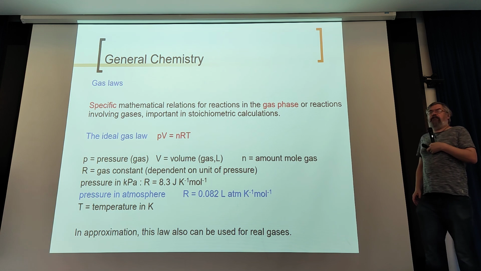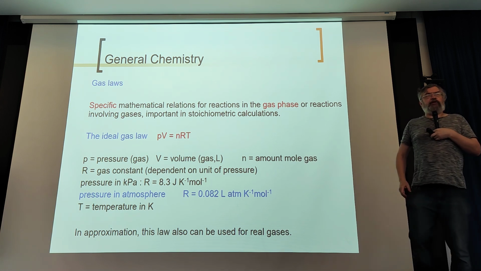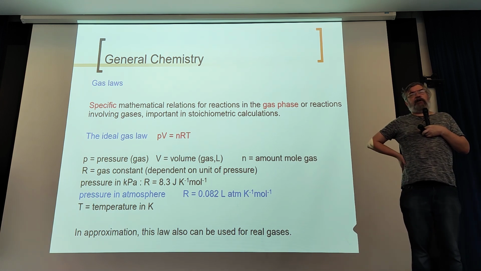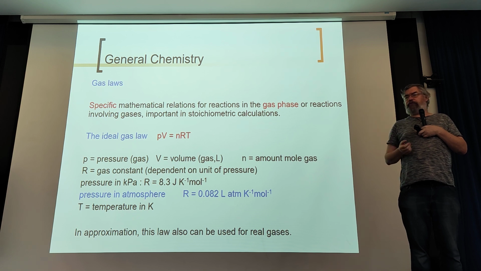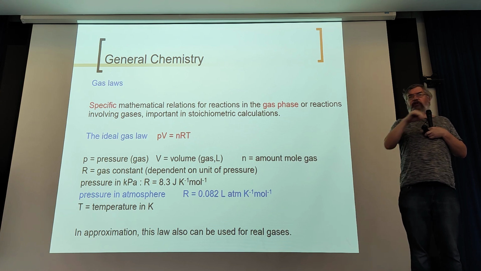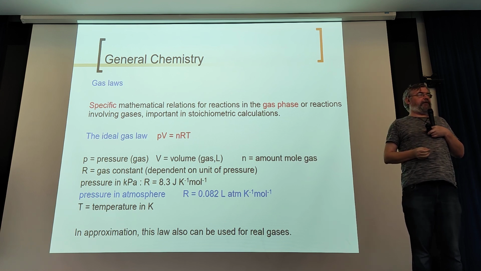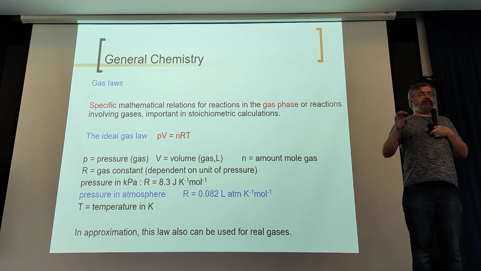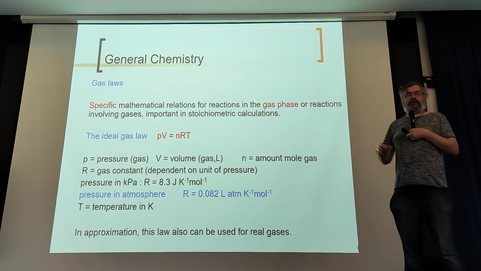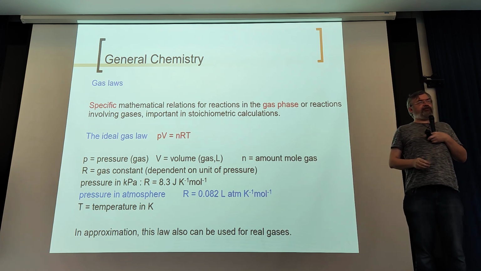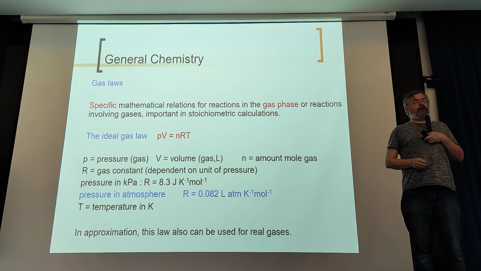So ideal gas, what does it mean? In an ideal gas, it is theoretically assumed that particles of gas are in a volume and they are just moving around chaotically and they are not interacting with each other. They just take place. And this gas law is based on that assumption and on the statistical analysis.